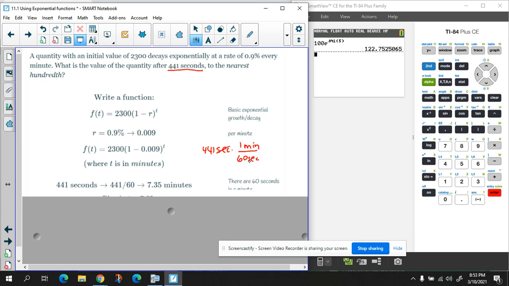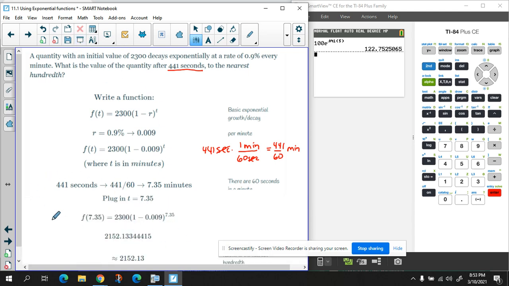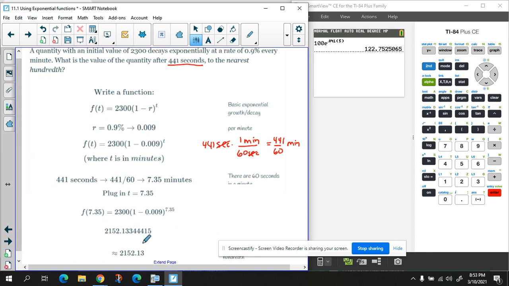And then these seconds go away. 441 times 1, nothing, times 60, or 1 times 60, will give us how many minutes. So if you remember this from science class, that's another way of getting the 7.35. Plug in 7.35 for your power, type that in on your calculator, and round your decimal to the nearest hundredth.